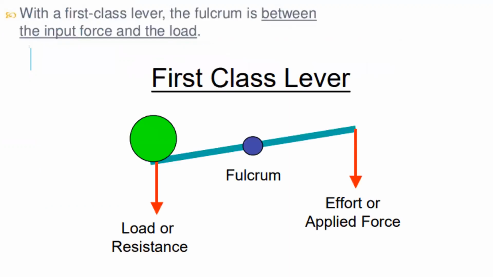Let's start today with the first class lever. This is the first class. First class means the fulcrum or the pivot point is between the input force and the load. So here is the input force, and here is the output force.